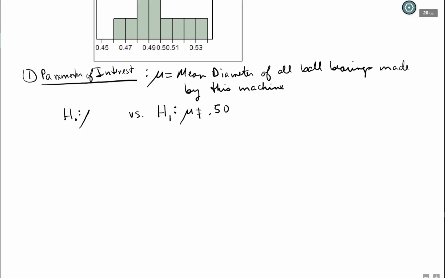The null then is just that mu is equal to 1/2. Remember, the two hypotheses are competing.